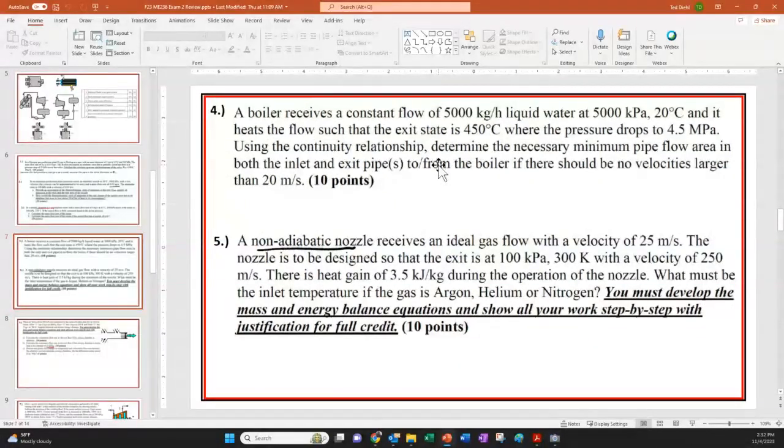All you really needed was the properties, and one tough thing is you had to get the average specific volume, because otherwise there wasn't a real easy way to be able to do this. But this was trying to find the areas.